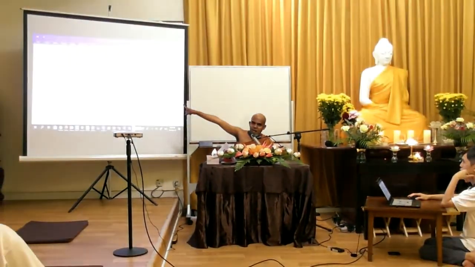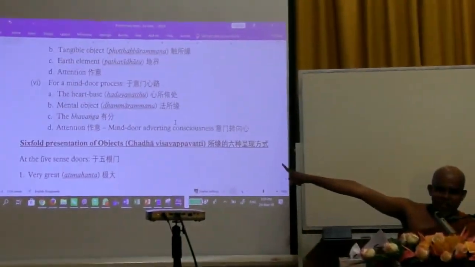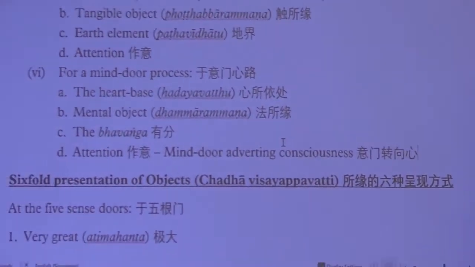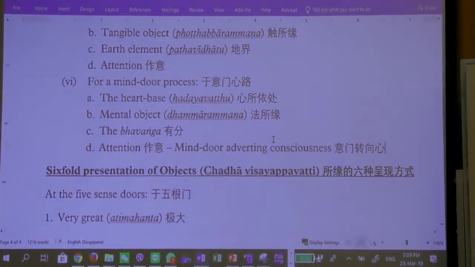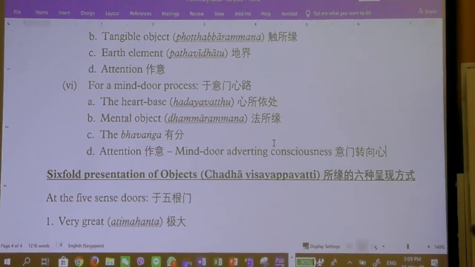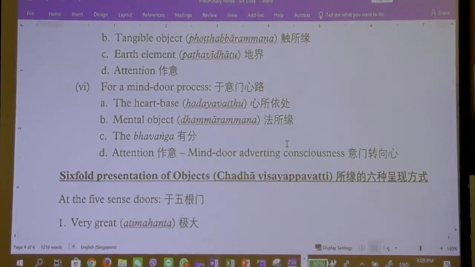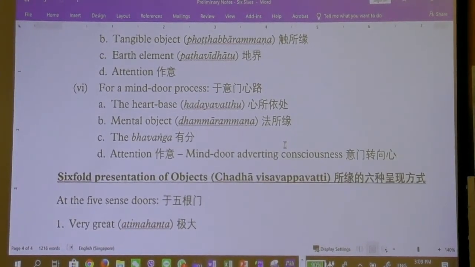Now according to the mind process, how many conditions are there? Four: heart base, mental object, bhavanga and attention. Those are four conditions only for the pure mind process. After every five processes, a following mind process arises, but I'm not talking about that now.